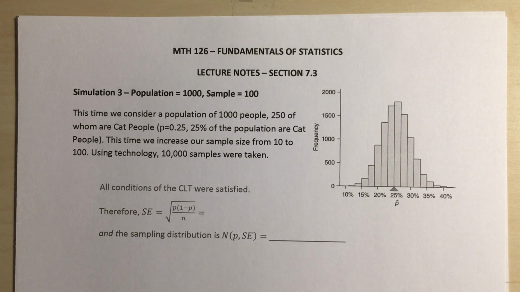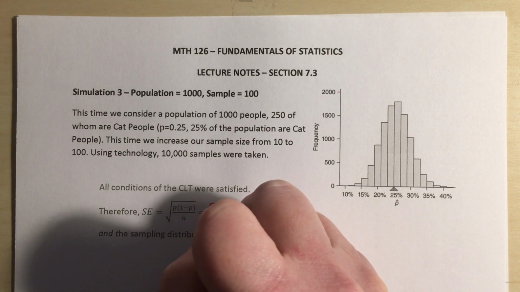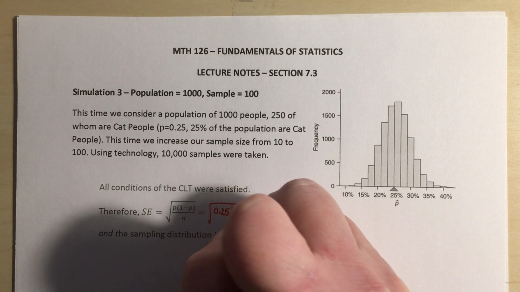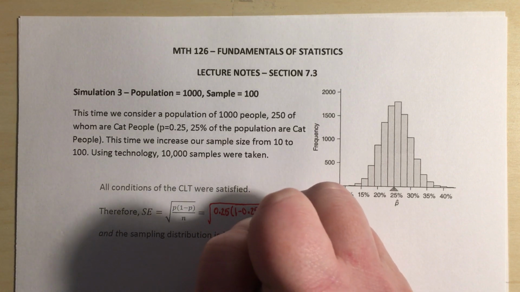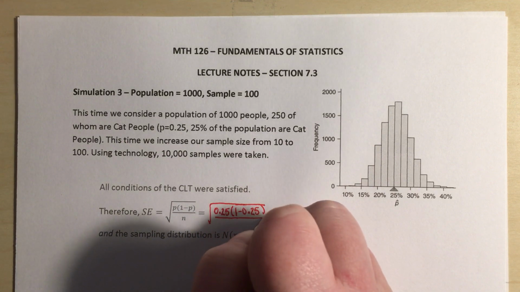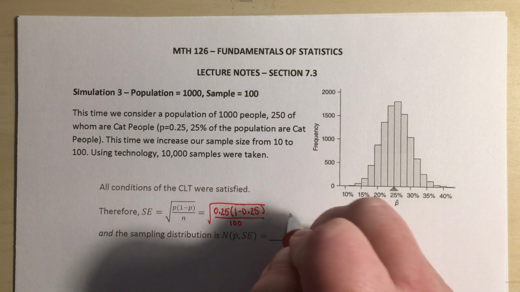We're going to plug in 0.25, because that's our p, times 1 minus 0.25. We always take p times our complement, divided by our sample size, which is 100.